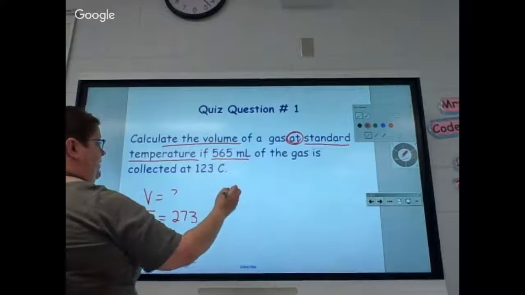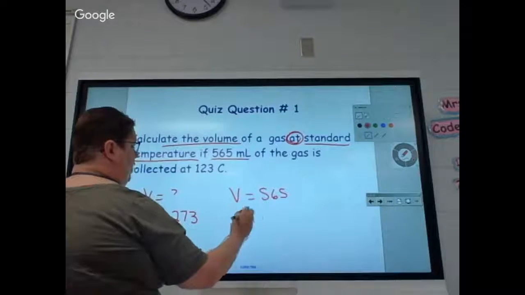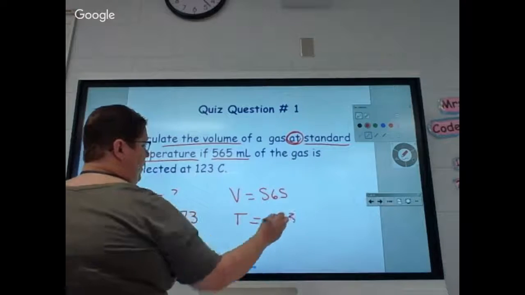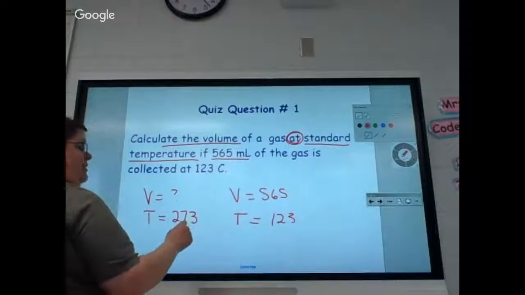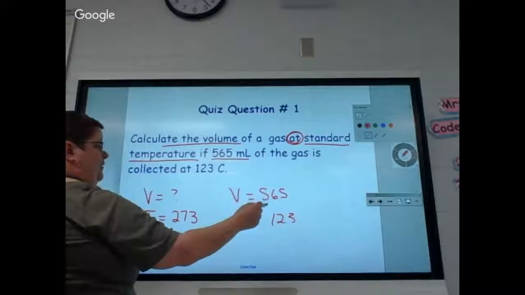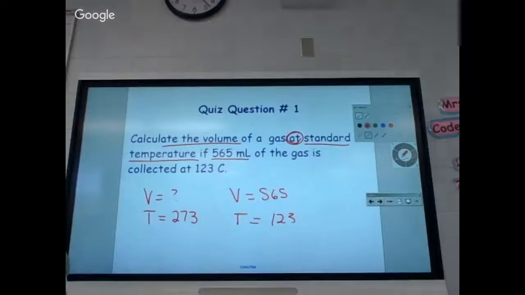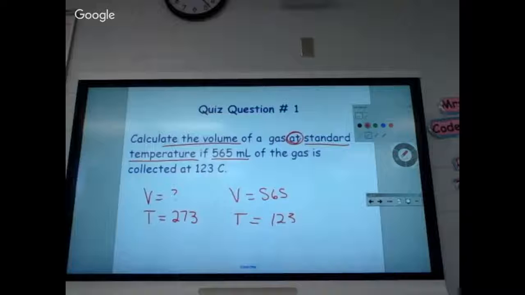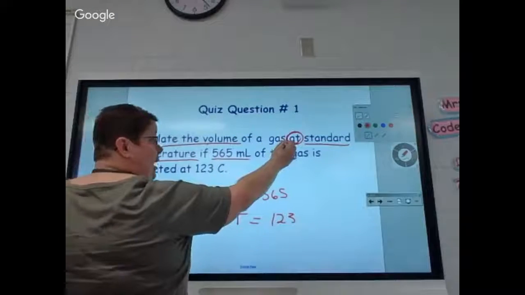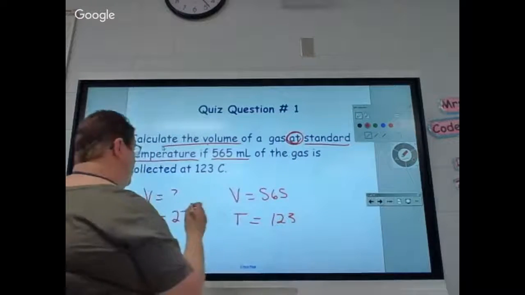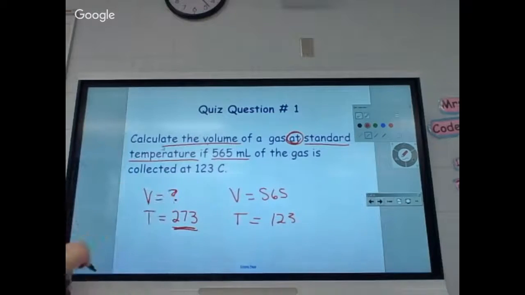That 565 has to have a temperature of 123. Several of you have that 565 with the standard temperature. That 565 has to stay with that 123. You can't switch those two. It says calculate the volume at standard temperature, so wherever you have that question mark, that 273 has to stay with the question mark.